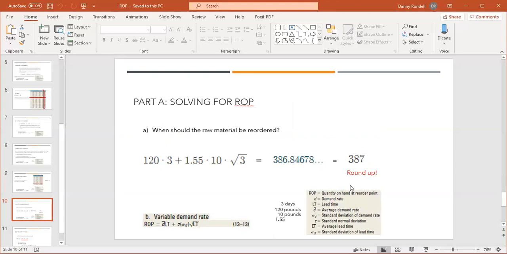So you round up. You get 387 should be the reorder point, and that allows you to have enough to cover you during a lead time with a bit added on for your safety stock. And we'll cover how we identify safety stock next.